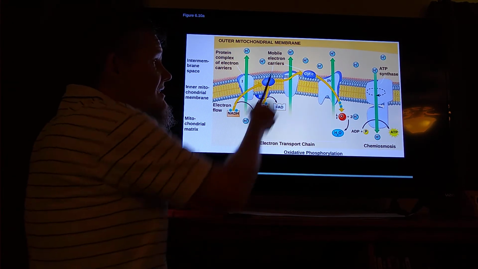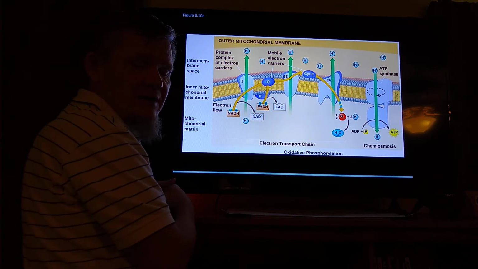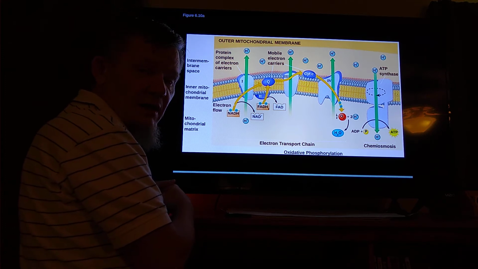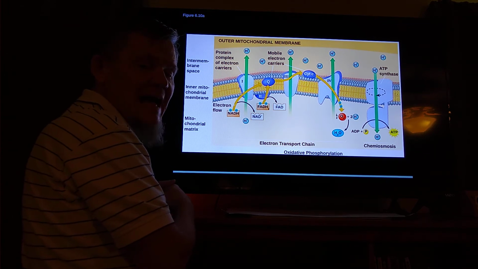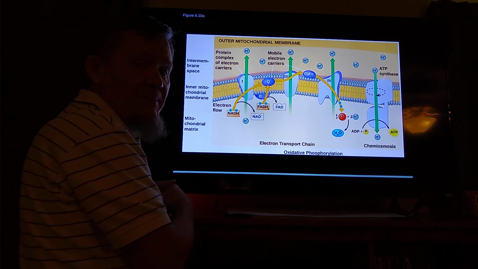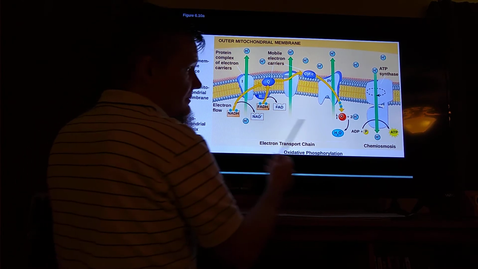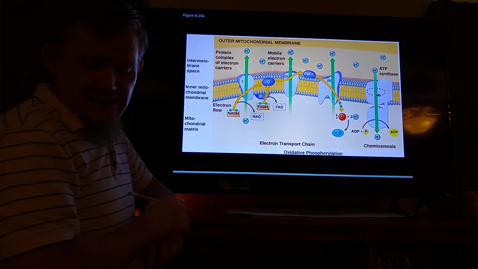The problem is it can't get through this phospholipid bilayer. The hydrogen ions can't get through that inner membrane. What the mitochondria does is it gives the hydrogen ions a back door, a way back in. And the way back in is called ATP synthase. It ends in ase.